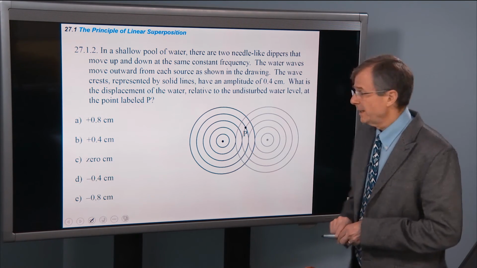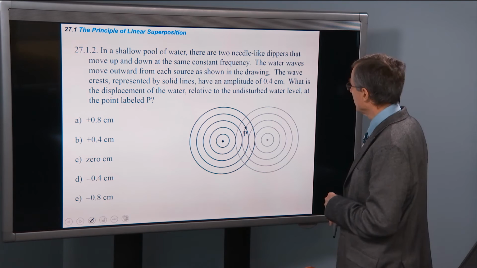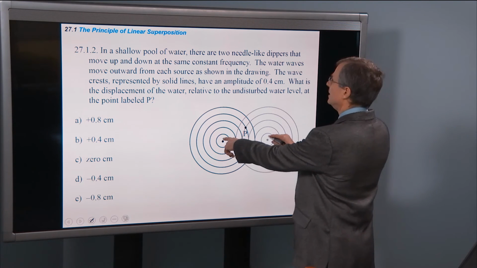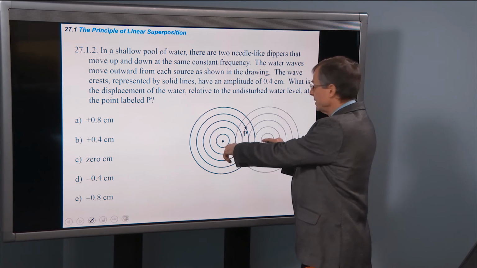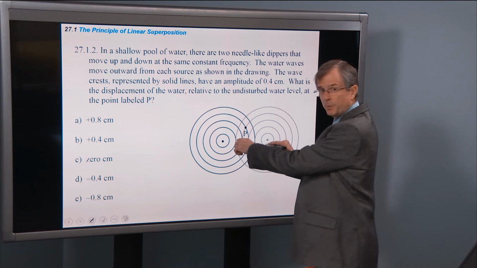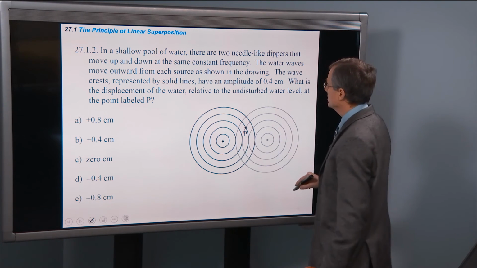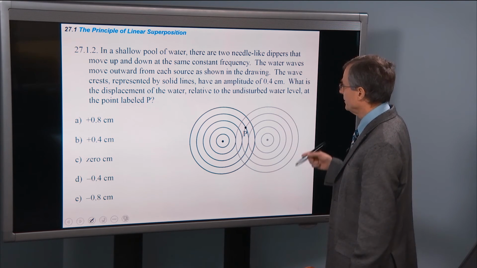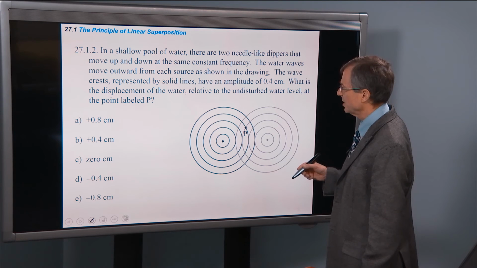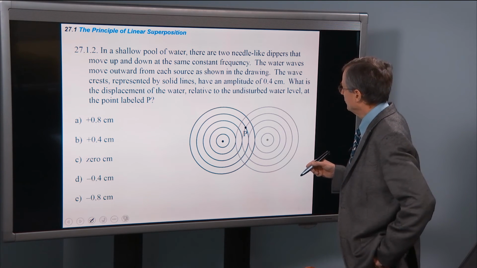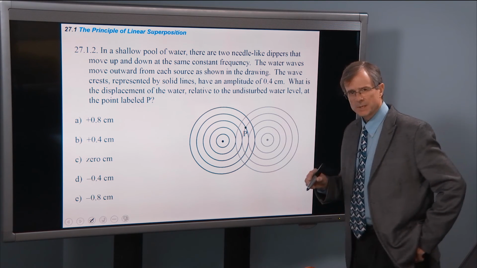All right, an example. In a shallow pool of water, two needle-like dippers move up and down at the same constant frequency. So at these two points, something is coming up in both places, down, et cetera. Water waves move outward from each source as shown. The wave crests, represented by solid lines, have an amplitude of 0.4 centimeters. What does that mean?